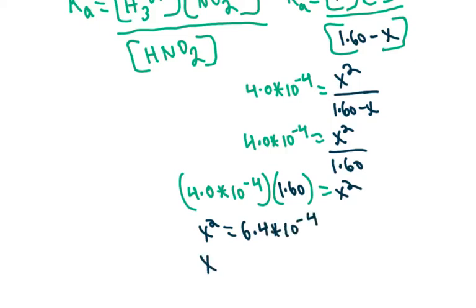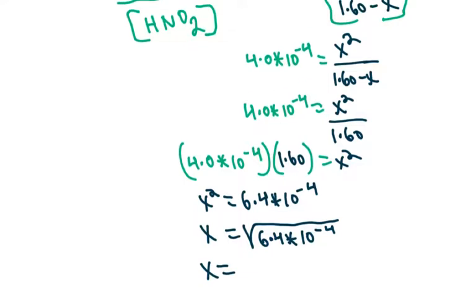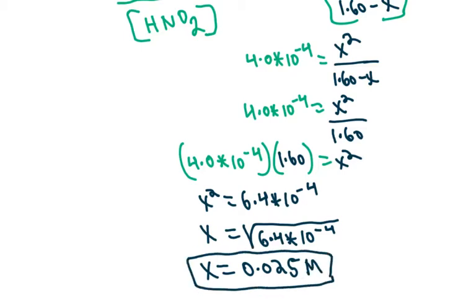Then I'm going to take the square root on both sides, and ultimately we get x equals the square root of 6.4, not 64, times 10 to the negative 4th. If you do that, you get x equals around 0.025 molarity, because remember, we were solving for the concentration.